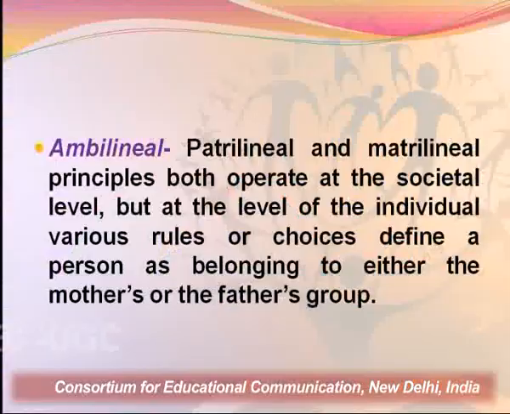The fourth type of descent is ambilineal. The patrilineal and the matrilineal principle both operate at the societal level, but at the level of the individual, various rules of choice define a person as belonging to either the mother or the father. There is no clarity in terms of which line of ancestry is going to be followed, and because both have equal standing, the term ambilineal is used.